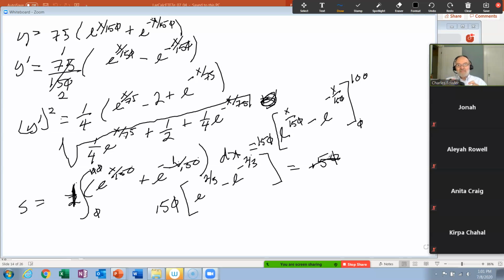Let me try that one more time. 2 divided by 3, e to the that is 1.94 blah blah blah, minus, 2 divided by 3. Oh, I know what I'm doing wrong. I need to put some parentheses in here.